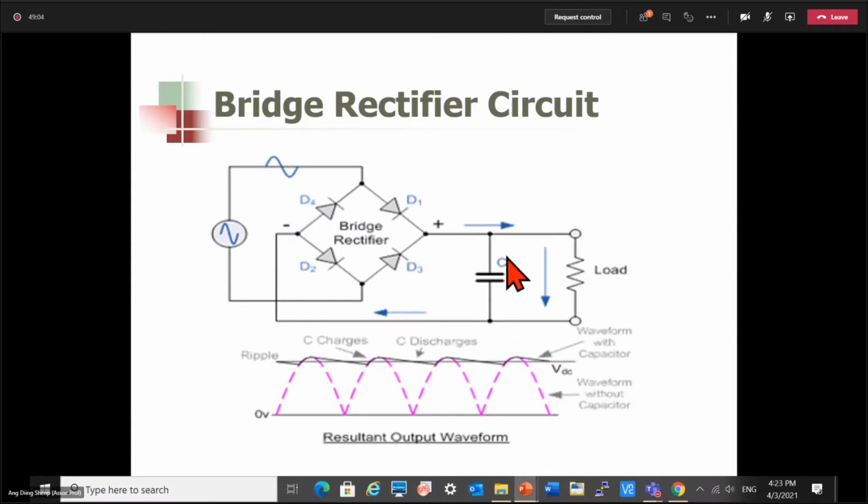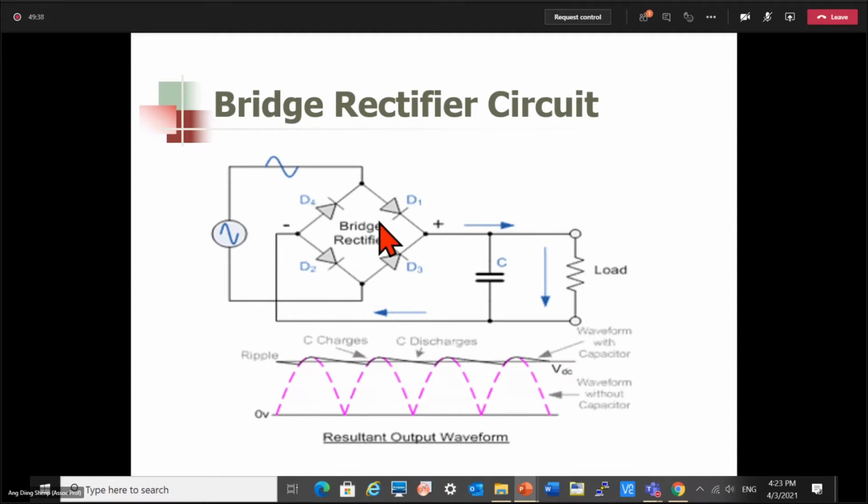Now with a capacitor across here, the capacitor can help you smooth out the fluctuating waveform like this. Essentially, it's quite easy to understand. Let's say we are at the positive cycle of the AC voltage. Then the current will flow like this, and it will charge up the capacitor at the same time as it drives the rest of the circuit.